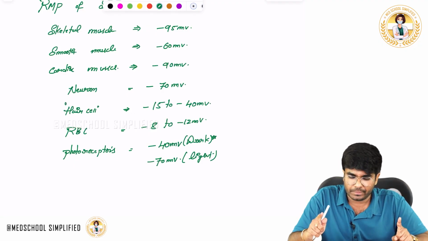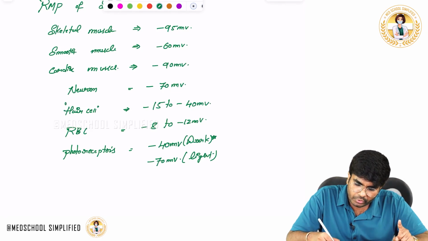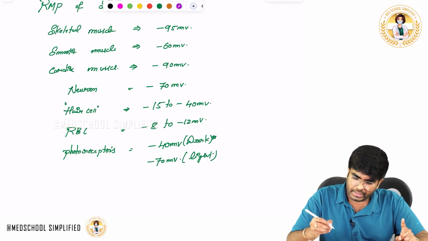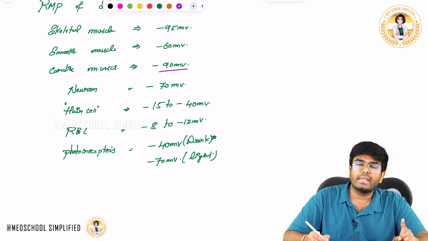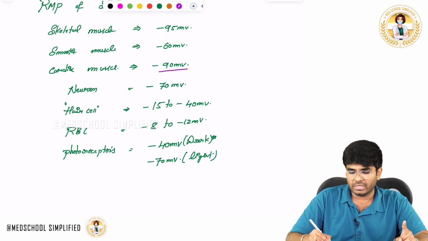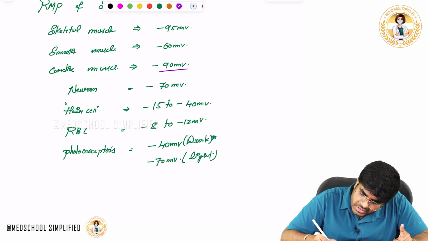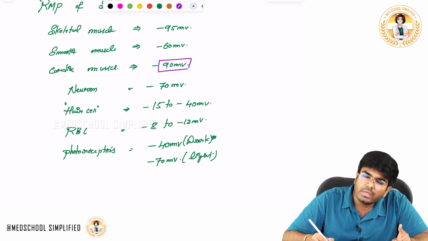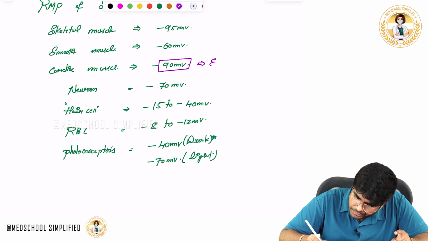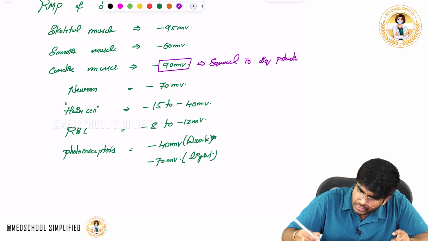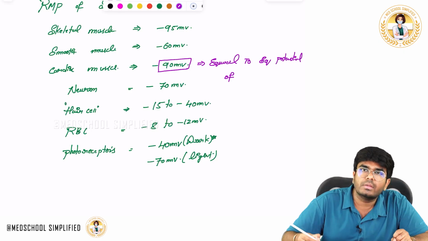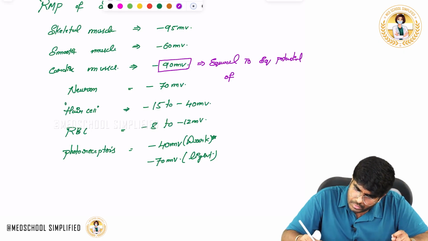Not one thing. But here what I want you to know, look carefully: the resting membrane potential of a cardiac muscle, how much is it? It is -90 millivolts. So it is equal to the equilibrium potential of what? Potassium.